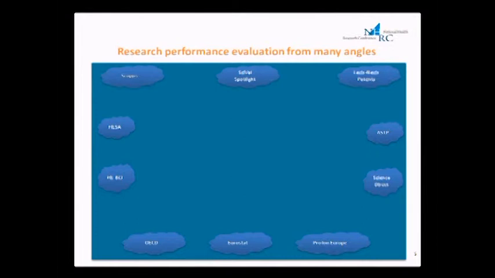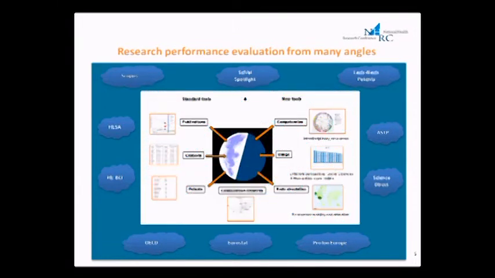But we also have a lot of new tools, such as the SciVal tools, which are looking at new ways of assessing research. In the inside here, you have basically what we can do as a company. We have the ability through our SciVal analytics team to look at the more standard tools such as citations, publication numbers, patents, and indeed usage.